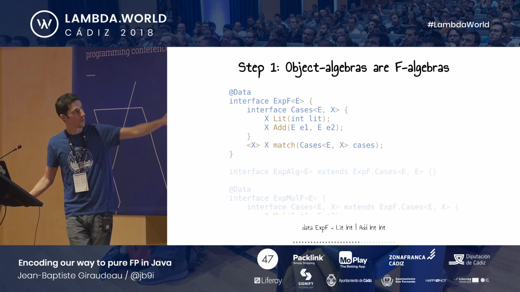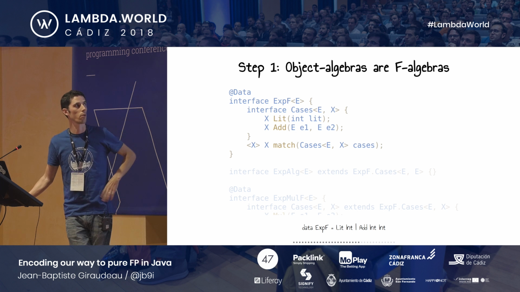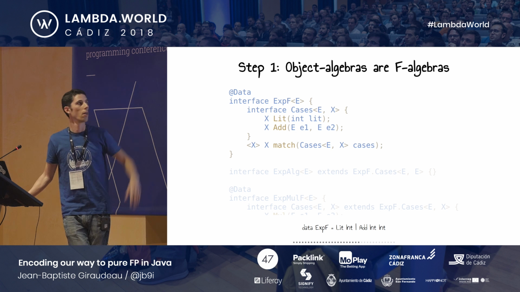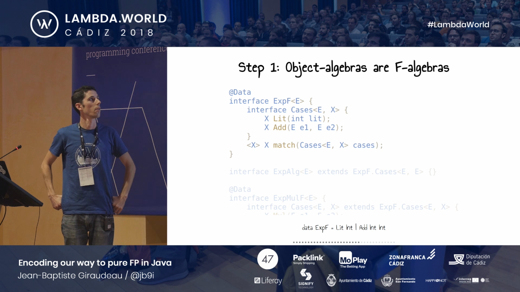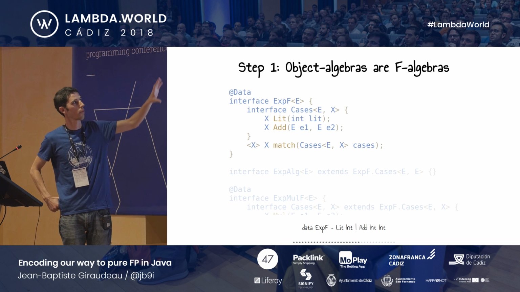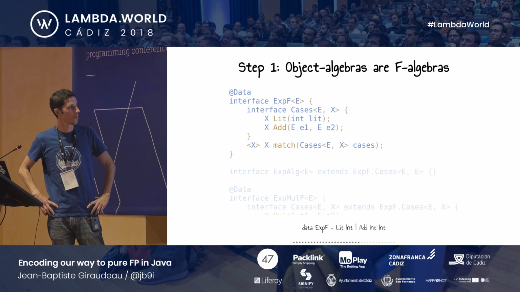Here we break down the induction. Instead of using E as a return type of the visitor, we use another type variable, and we create a functor for a data type functor for these cases.